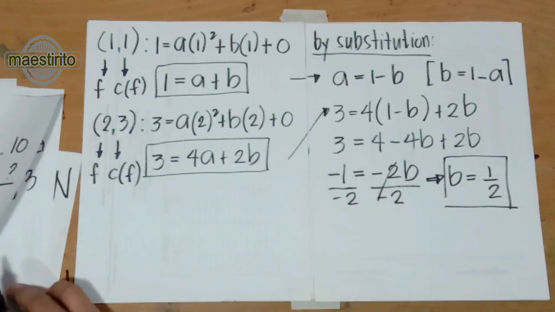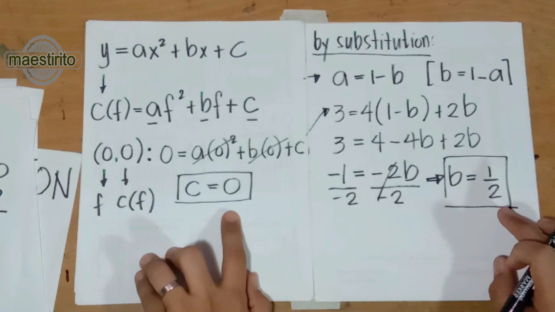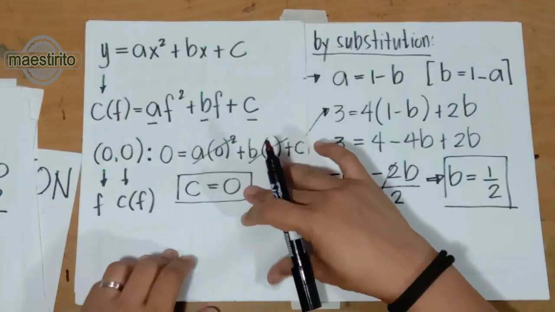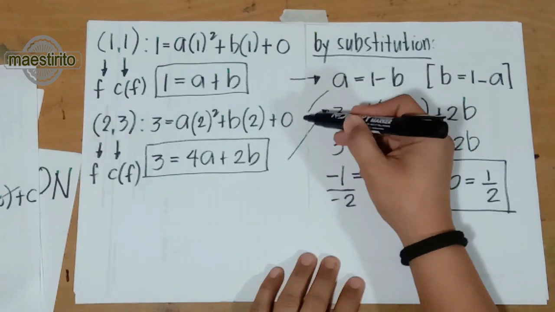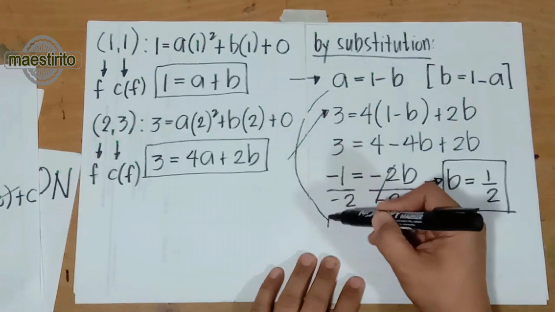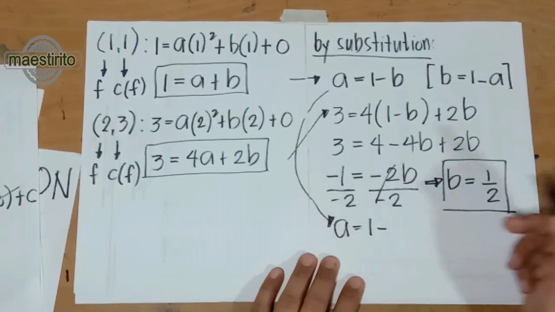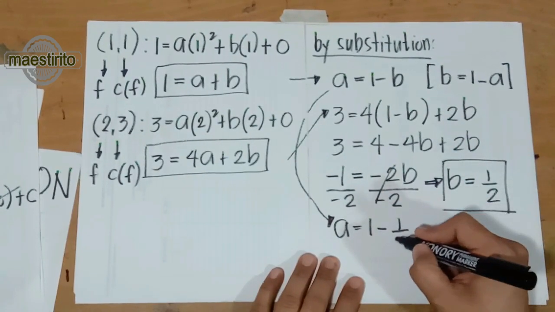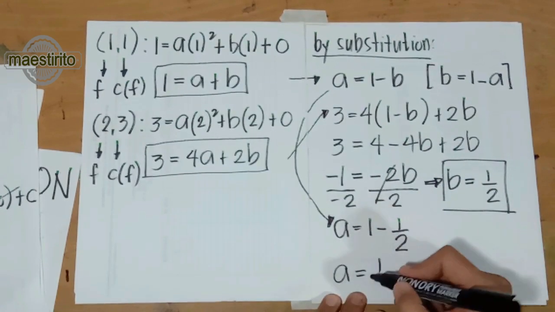We already have the C. Now it's time for us to find the A. And from here, again, A is equal to 1 minus your B is 1/2. And that will give us A is equal to 1 minus 1/2 is 1/2.